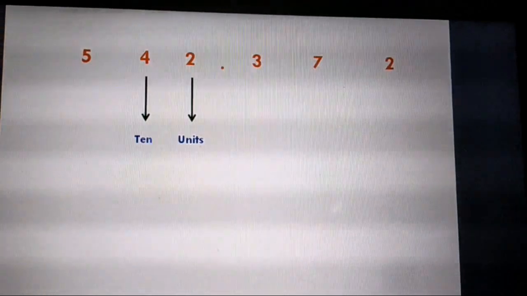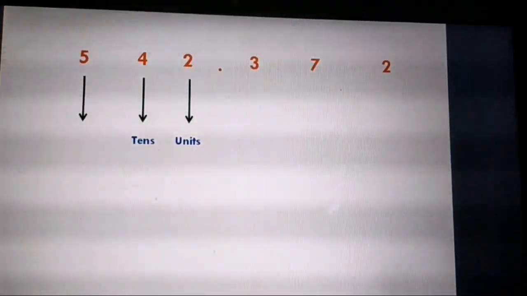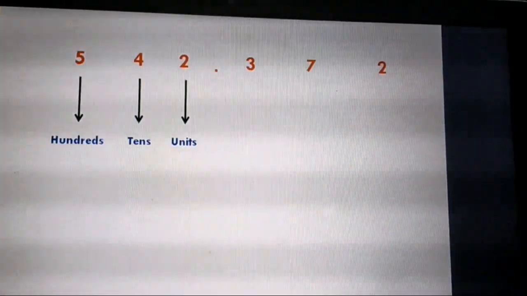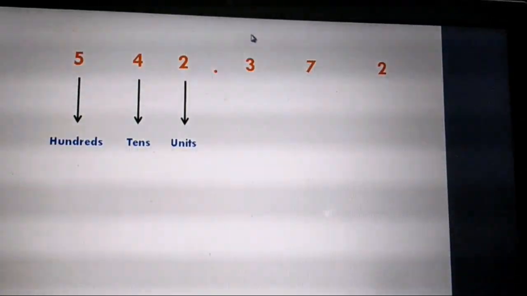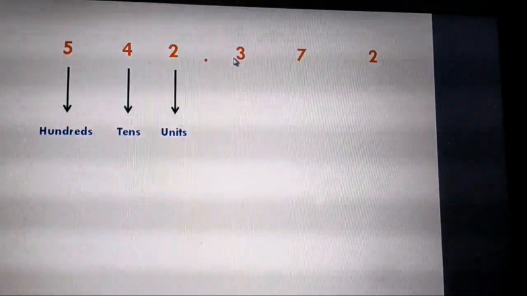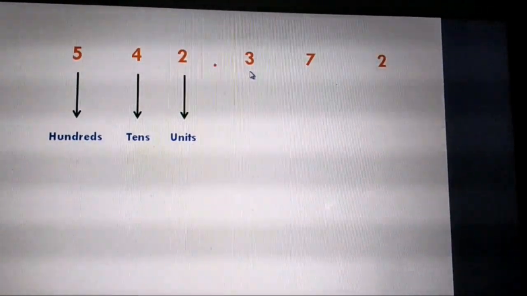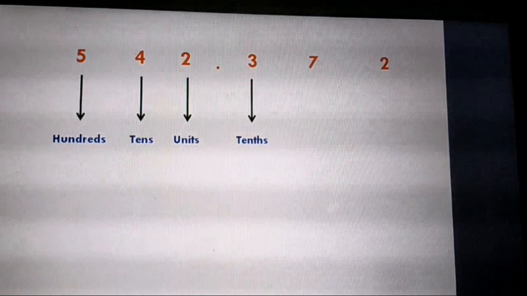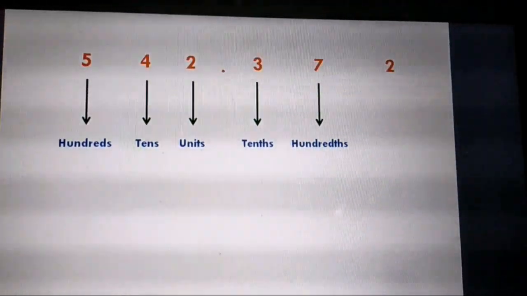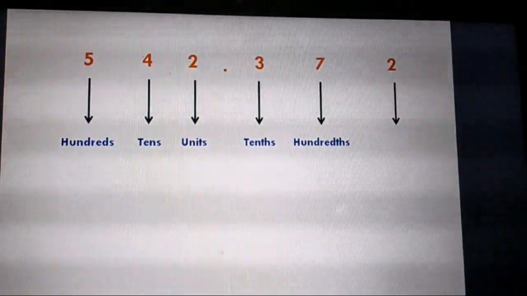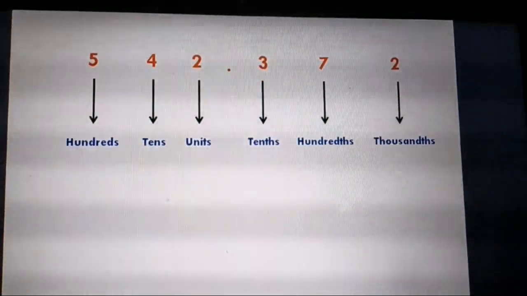Second place is called tenth. And the third place is called hundred. Correct? Similarly, for those numbers towards the right side of the decimal, the first place is called tenth, second place is called hundredth, and the third place is called thousandth.